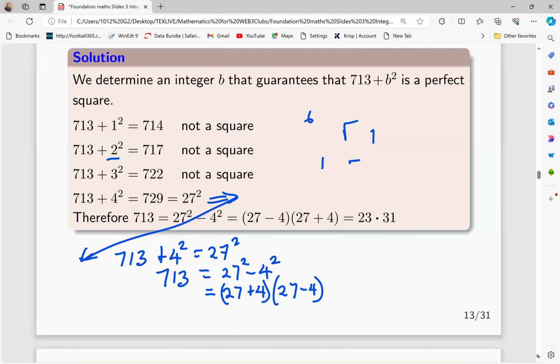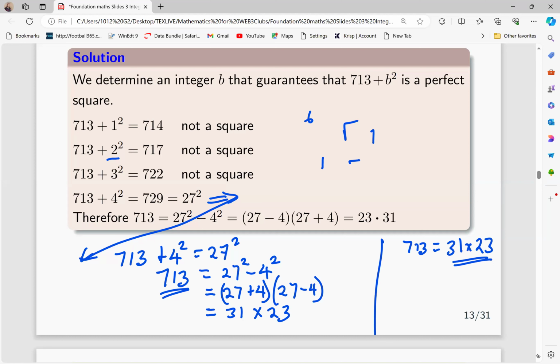So the first bracket gives us 31, and the second bracket gives us 23. So we found the factors of this number. That means 713 is the same as 31 times 23. So we factored that number. It's very easy factoring.